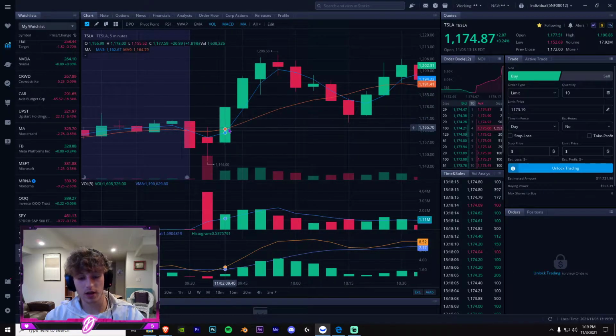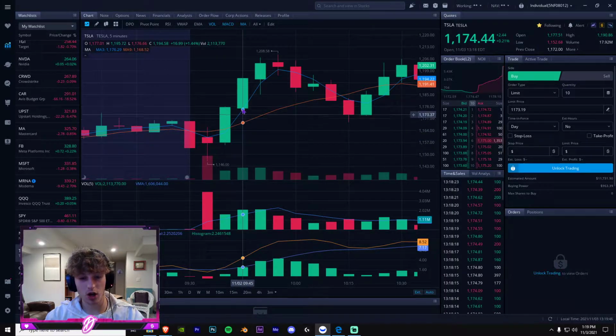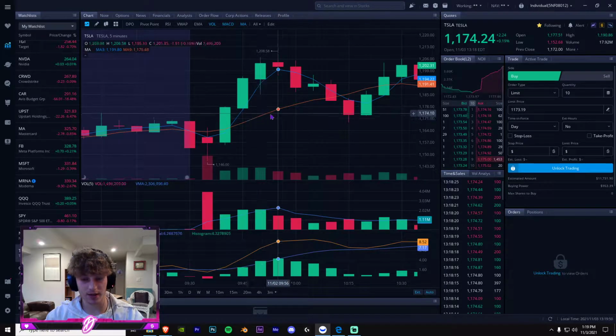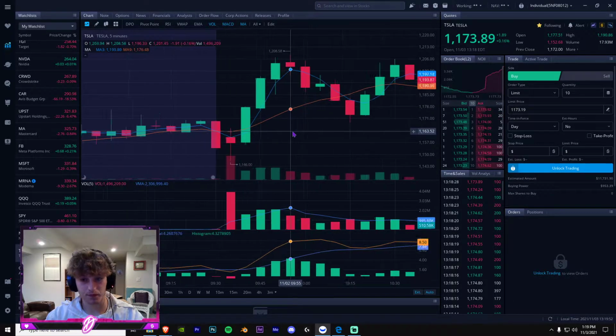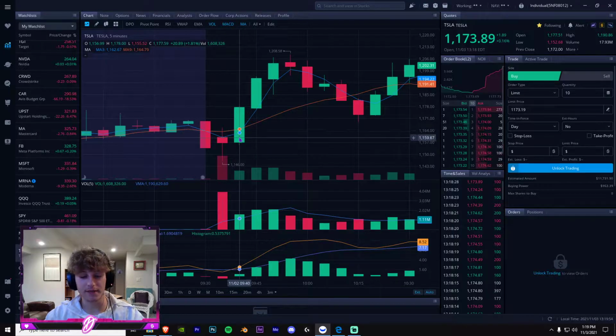So if we have actual moving averages, like the 3 and 9, we see this blue line cross above this orange line, and this would be the 3-day moving average, and this would be the 9-day moving average. And what that means is if you see it cross, that might be confirmation to go long.